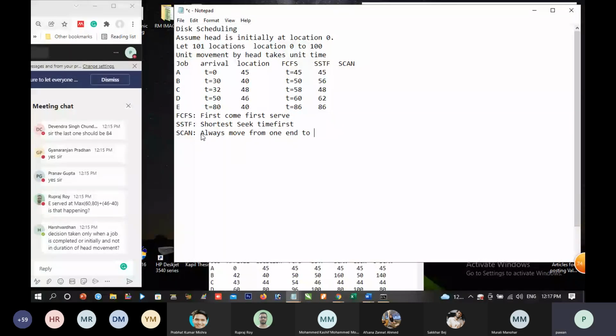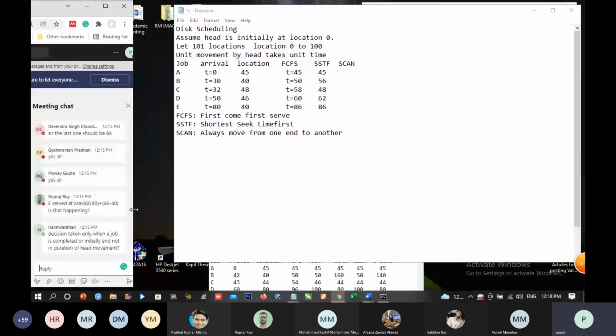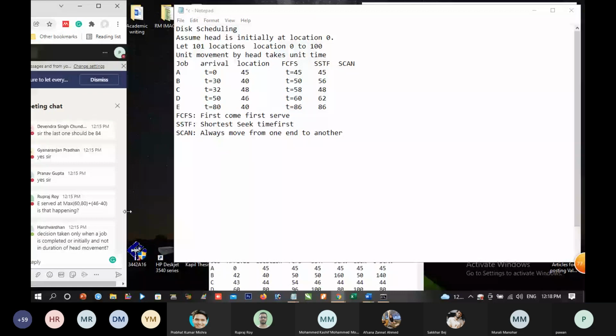We shall always be moving. So at time t equal to 0, we shall start moving towards 100.